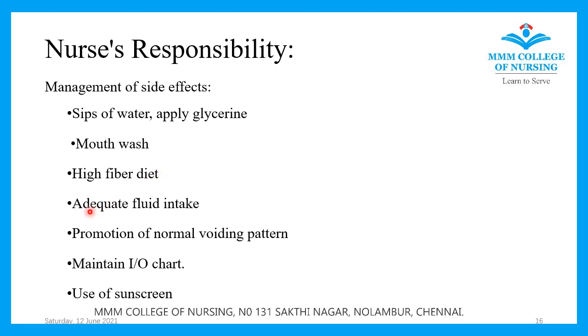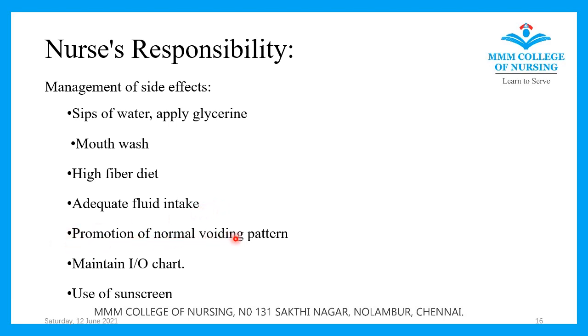And ask the patient to take adequate fluid intake and sometimes even more fluid intake, because dehydration is one of the triggering factors for neuroleptic malignant syndrome, which is one of the serious adverse effects of antipsychotic medications. And also, if you help the patient to take enough water and be hydrated, jaundice can be prevented.